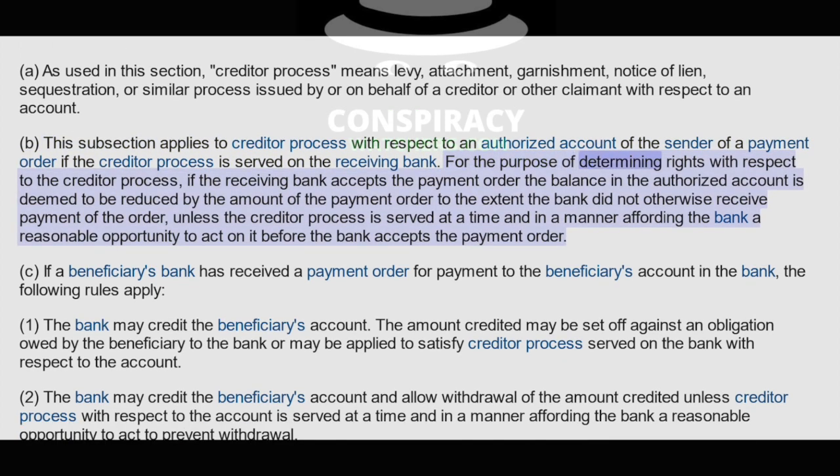For the purpose of determining rights with respect to the creditor process, if the receiving bank accepts the payment order, the balance in the authorized account is deemed to be reduced by the amount of the payment order to the extent the bank did not otherwise receive payment of the order, unless the creditor process is served at a time and in a manner affording the bank a reasonable opportunity to act on it before the bank accepts the payment order.